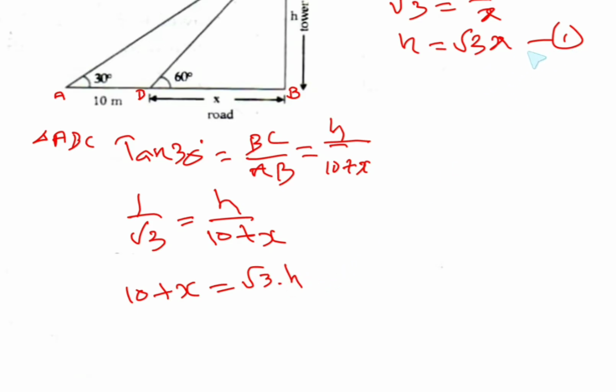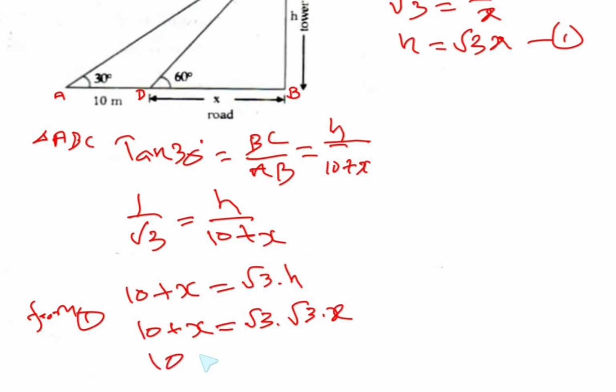But we can write h is equal to root 3 x from equation 1. From 1, 10 plus x is equal to root 3 into root 3 x, which is 10 plus x equal to 3x.